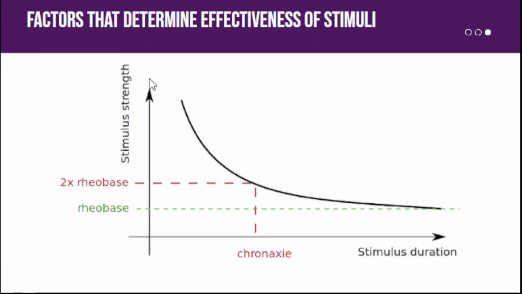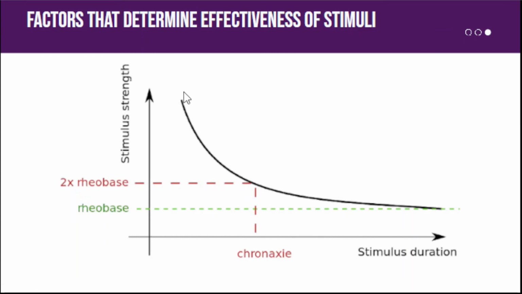So the x-axis is represented by your stimulus duration or yung time na binibigay natin. While your y-axis represents your stimulus strength. So the higher that we go, the greater strength of the stimulus. And the longer that we go, sabihin nun mas mahaba yung oras na kailangan nating ibigay.